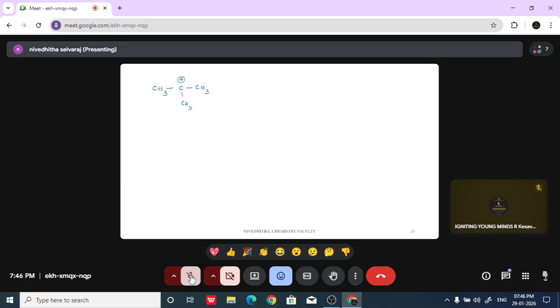What kind of carbocation is this? Is it primary, secondary, or tertiary? And what kind of carbocation is this? Is it primary, secondary, or tertiary?